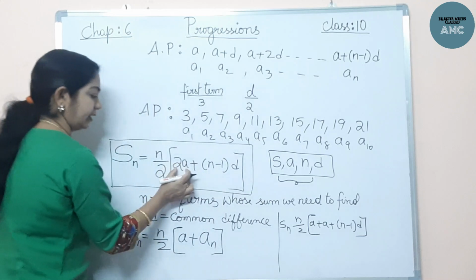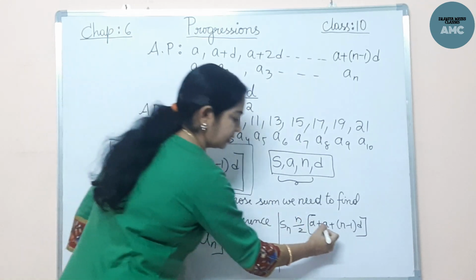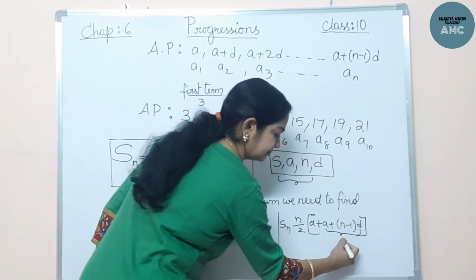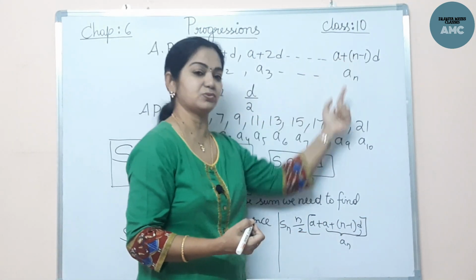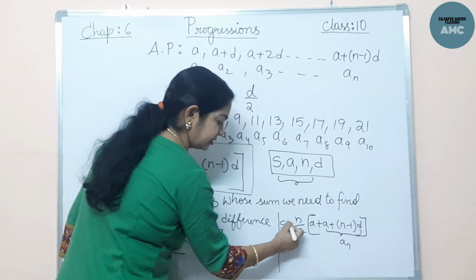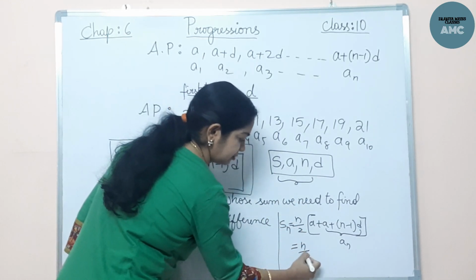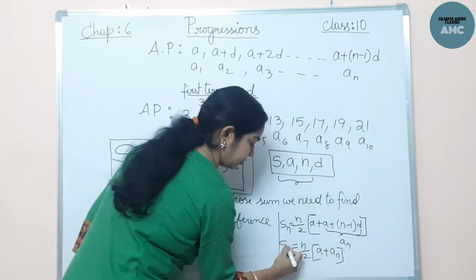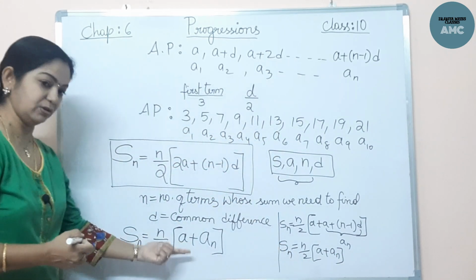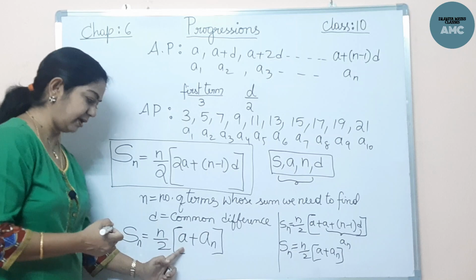So I can write 2A as A plus A. Now what is this? This is the nth term. You know, nth term is A plus n minus 1 into D. So what I've written here is n by 2, A plus A nth term. So we can smartly draw another formula where the sum is n by 2, A plus nth term.